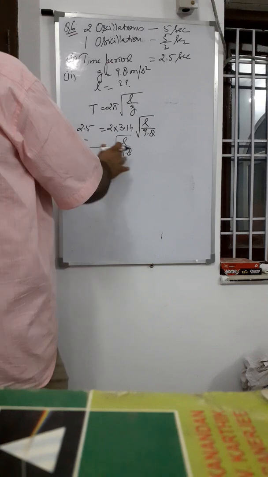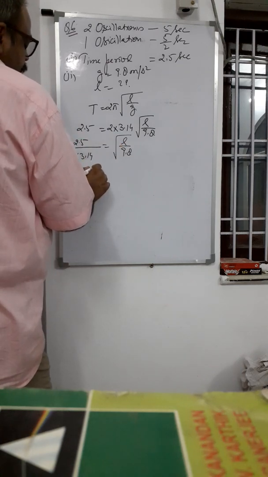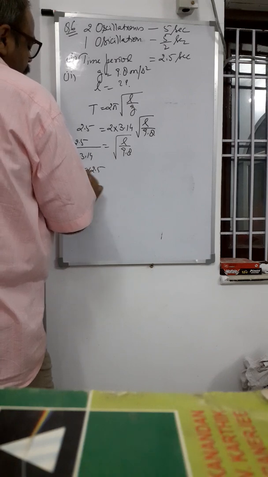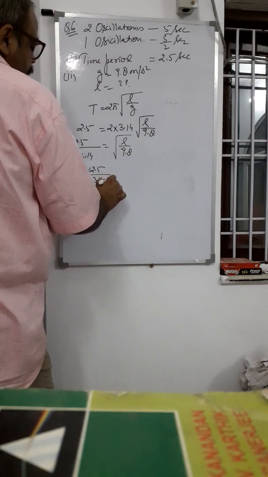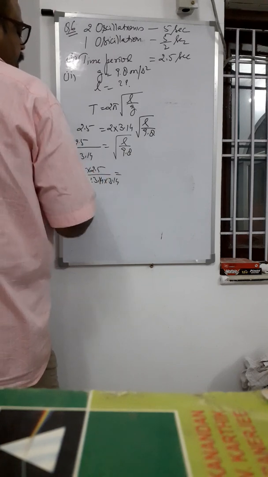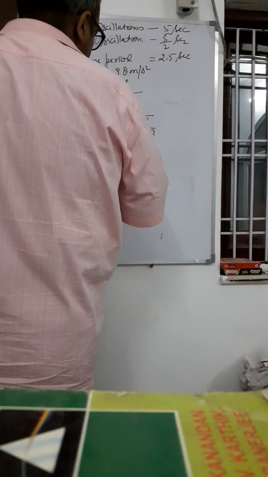Squaring both sides to remove the under root, it will become 2.5 into 2.5 over 2 into 2 into 3.14 into 3.14 is equal to L upon 9.8.